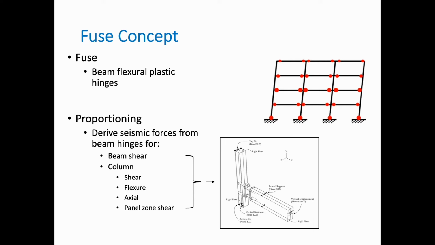For the column, axial force is derived by the estimated proportioning of the beam, and the beam flexural capacity is used in order to get the panel zone shear, as we saw before.